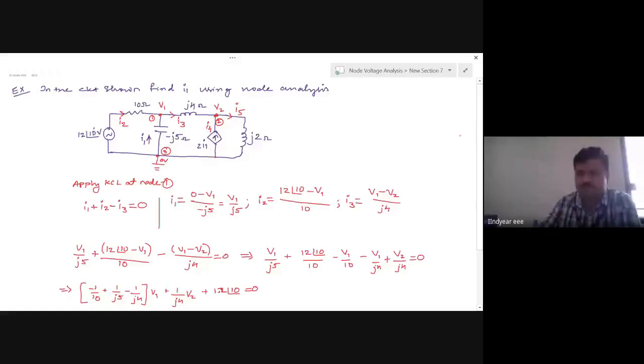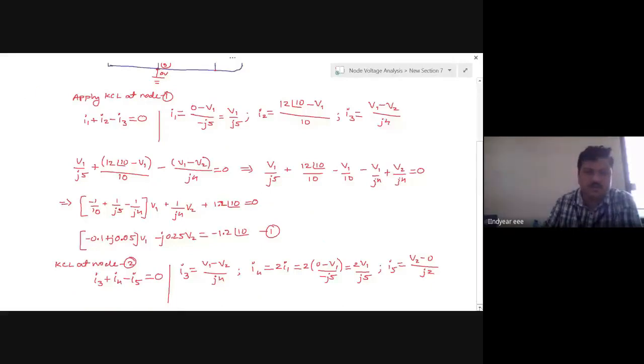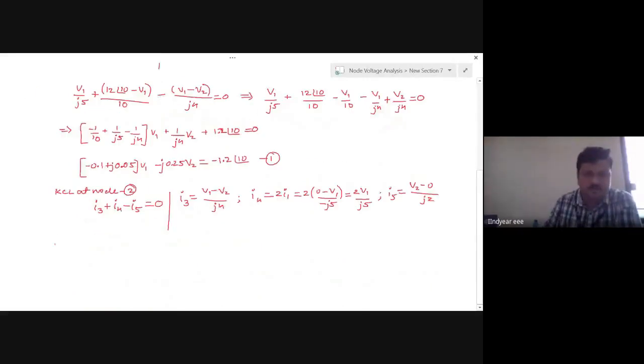I5 is V2 by j2. Now substitute here. So (V1 minus V2) by j4 plus I4, which is 2V1 by j5, minus I5, which I will write as V2 by j2, is equal to 0.